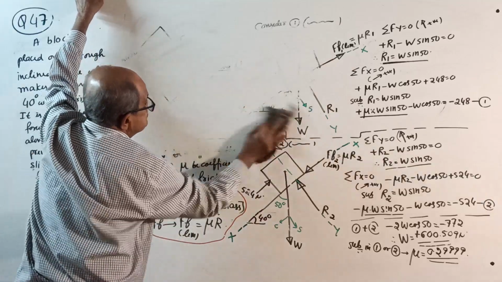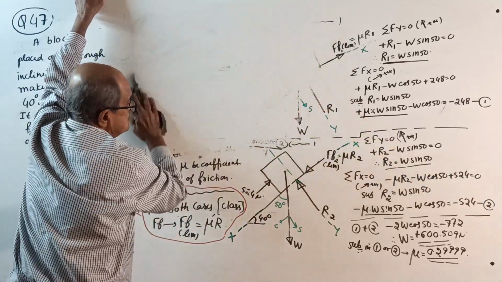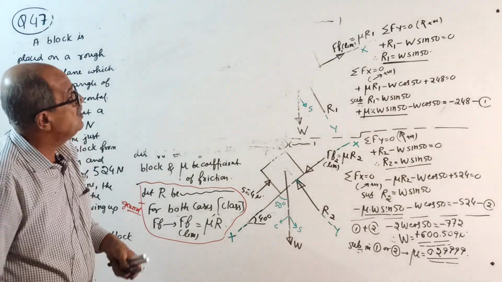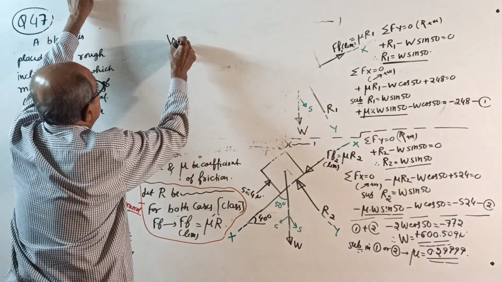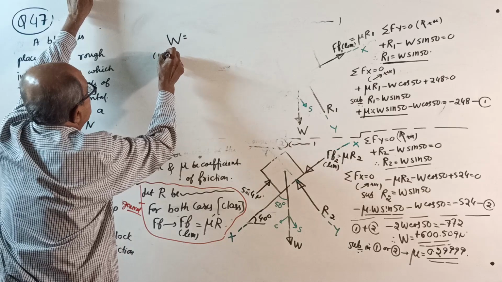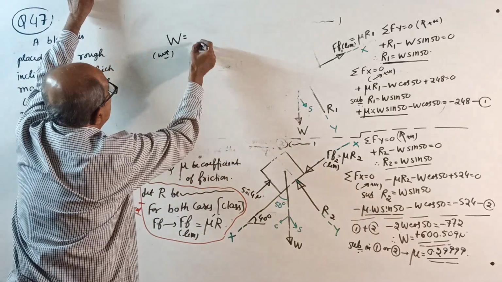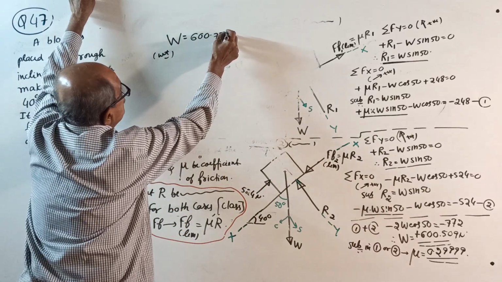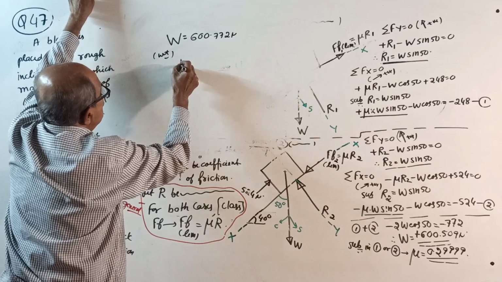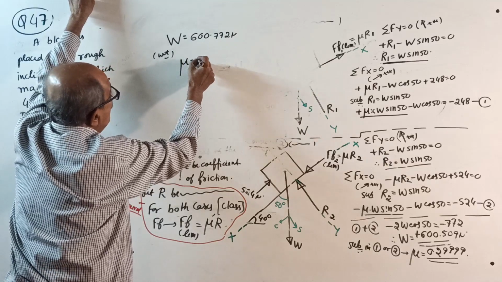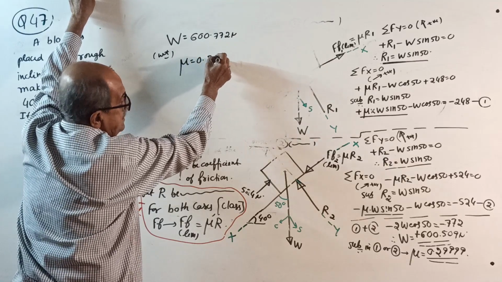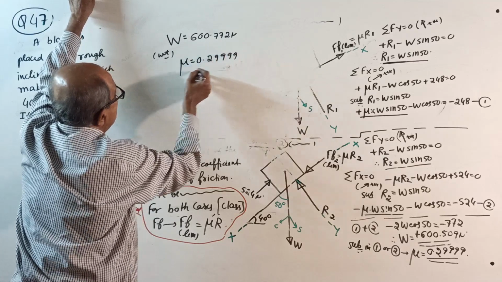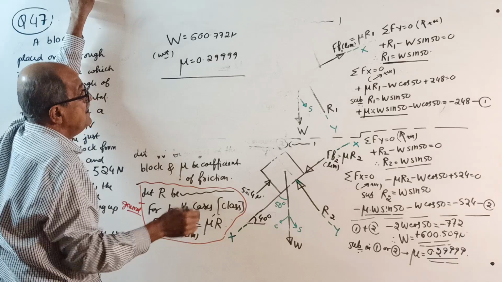Okay, make a note, last note. We got the value of W, that is the weight of the block, equal to 600.772 Newton, and we got mu equal to 0.29999. This is the answer right here.